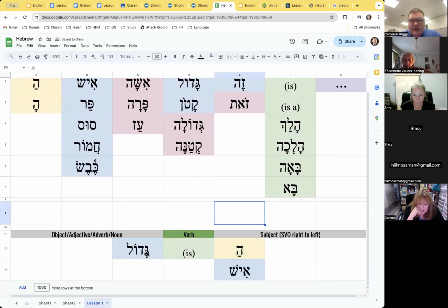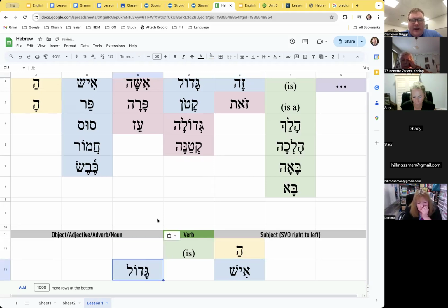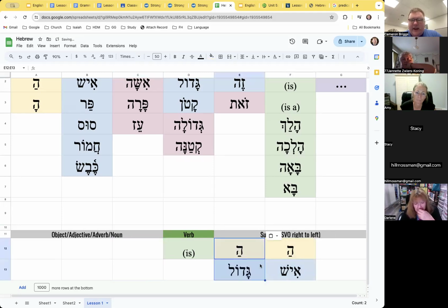If we put the gadol on the other side of the verb, it can't have the ha with it. But if we do have a ha gadol, the ha has to go on the same side of the verb. It has to come over here. Ha ish hagadol.